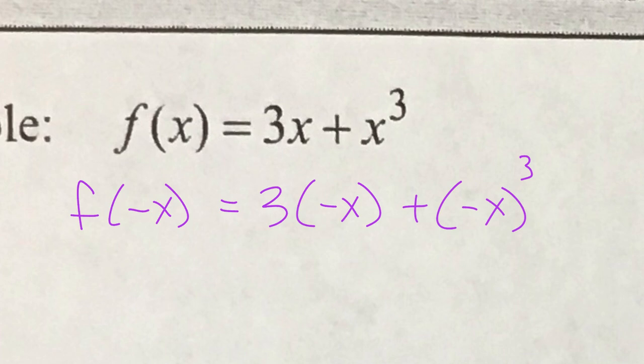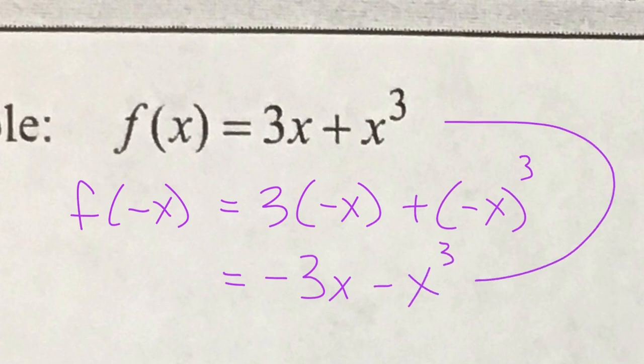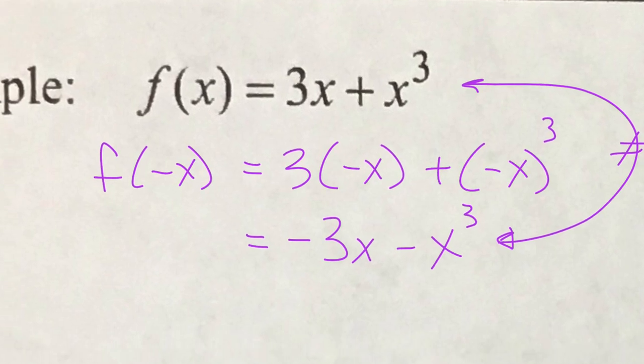So 3 times negative x is just negative 3x, and negative x cubed is minus x to the third. Looking here, we notice that this is not equal, so of course it's not an even function. If f of x equals f of negative x, then we have an even function. They're not equal, which means it's not even.